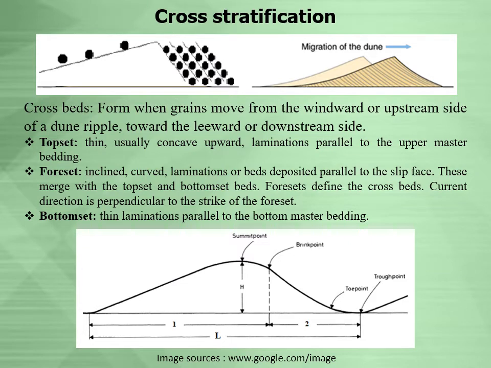Now previously you studied how a ripple migrates, that is, the grains are moving due to current from the stoss side and deposited on the lee side. So that is why the stoss side is eroded and the lee side is the depositional surface.